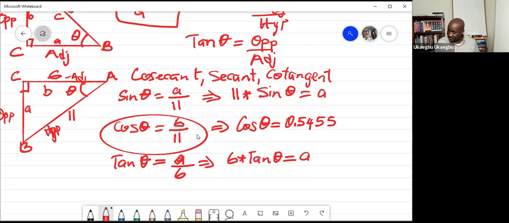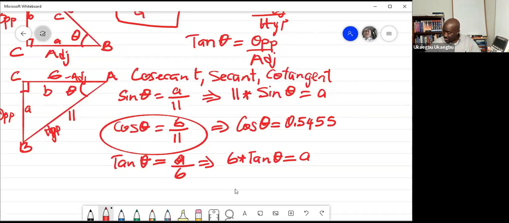That's cos theta. So now this is where it's getting interesting. I wish we were in classroom so that you have a TI-84 plus calculator in order to get the theta.